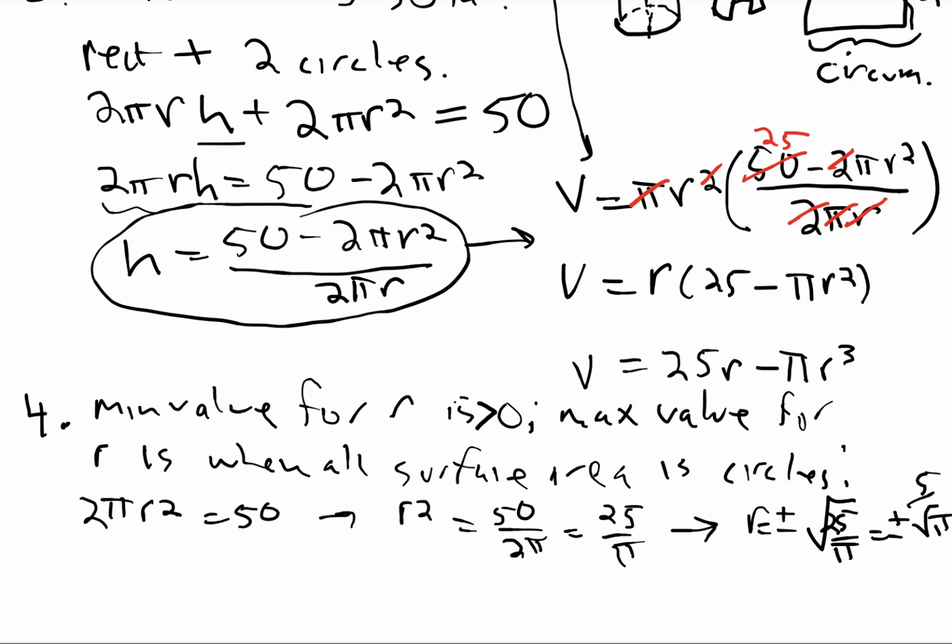I'll note only the 5 over root pi counts here because we were looking for a maximum value for R.